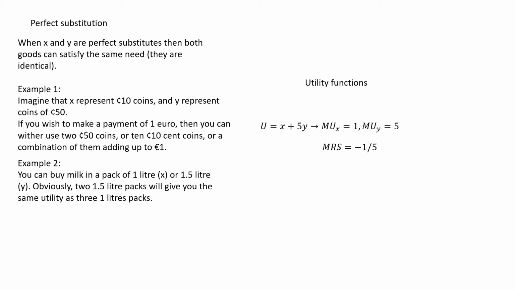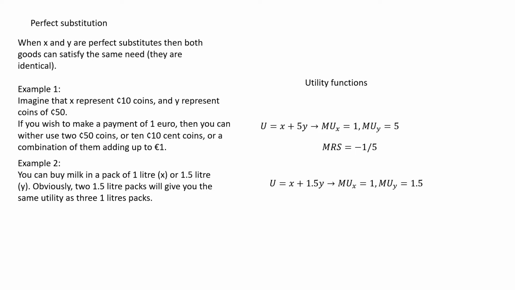A second example could be that you can buy milk, a homogeneous good, in two packs. You can buy them in a 1-liter pack or in a 1.5-liter pack. Now, obviously, two 1.5-liter packs are going to give you the same increase in utility as three of the 1-liter packs.